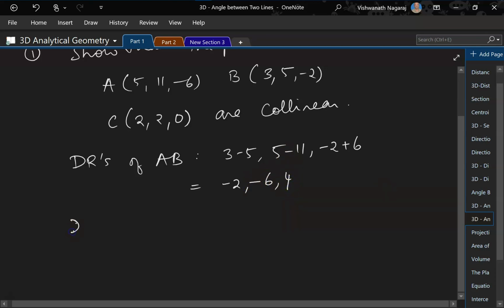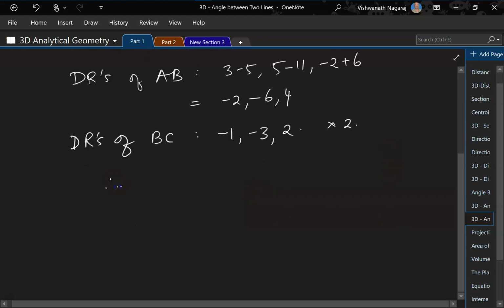Similarly, the direction ratios of BC would be 2 minus 3 is -1, 2 minus 5 is -3, and 0 minus -2 is plus 2, right? And if you multiply this by 2, you get the direction ratios of AB.